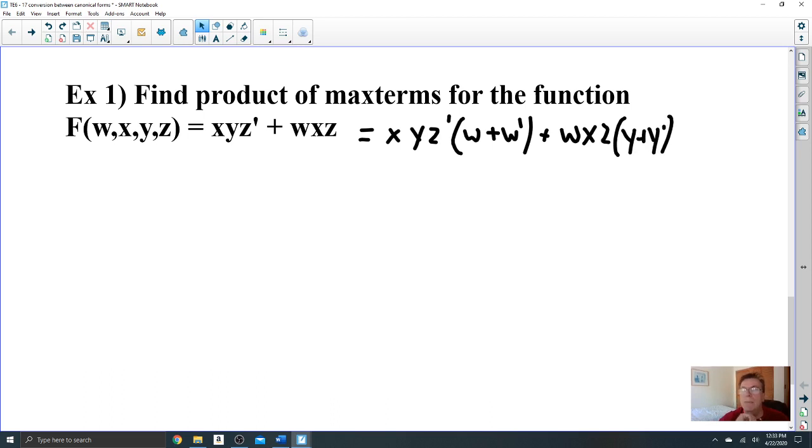I'm going to do the same with the second term, except I'm multiplying it times y plus y prime. I'm going to FOIL the parentheses and see what happens. While FOILing parentheses, I'm going to order those terms alphabetically. So w goes first. w x y z prime.